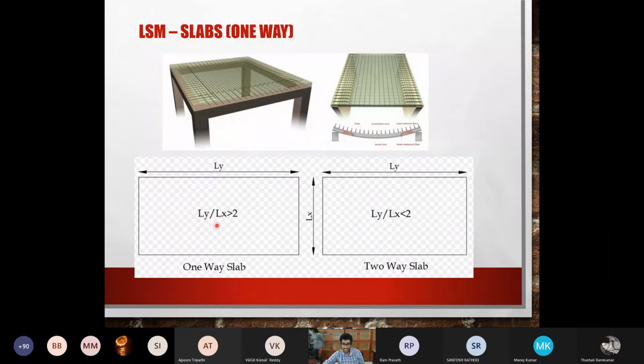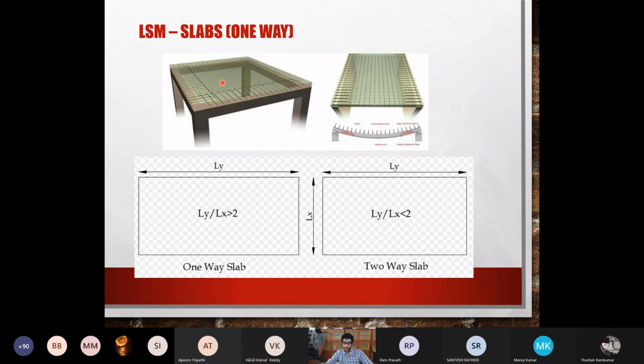That is the similarity to this kind of case. So depending on how the deflection is, we classify as one-way or two-way slab. One-way slab means the deflection is going to be along only one direction. Two-way slab means deflection will be varying along two directions.